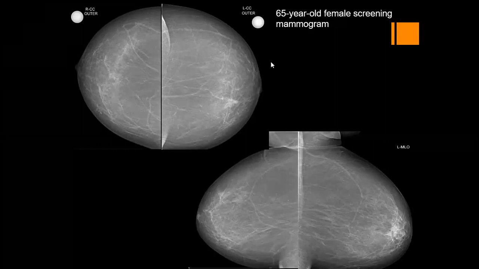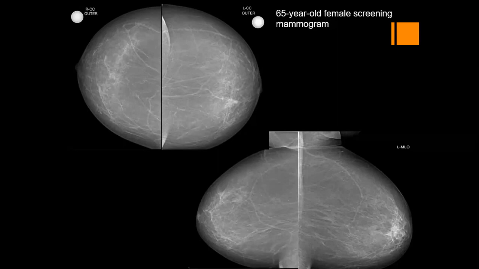I think the lesion in the left breast is spiculated, irregular. Okay. You mean there is a mass? We said before, we have to differentiate between a mass and asymmetry.